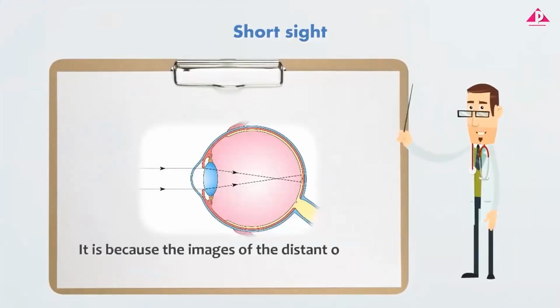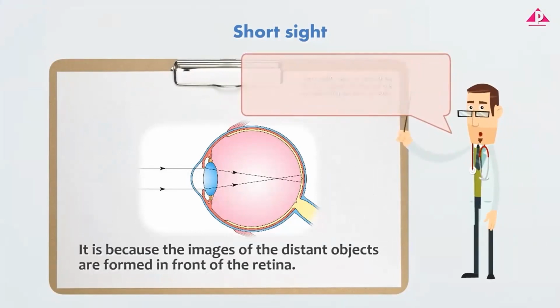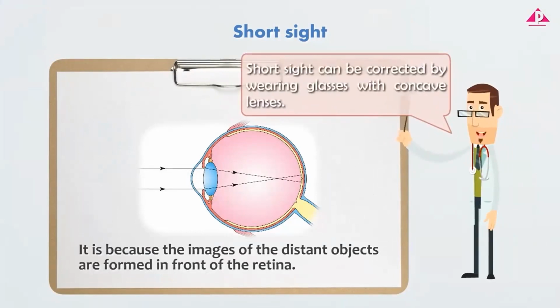It is because the images of the distant objects are formed in front of the retina. Short sight may be caused by the lens being too thick or the eyeball being too long, or both. Short sight can be corrected by wearing glasses with concave lenses.